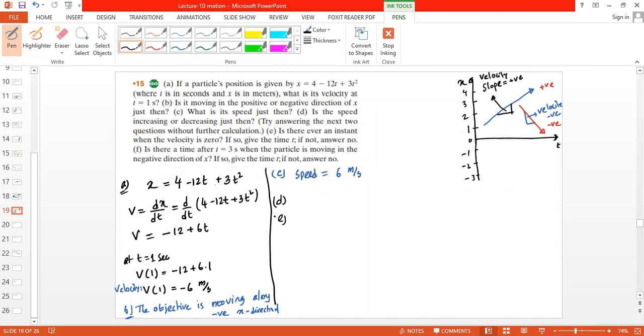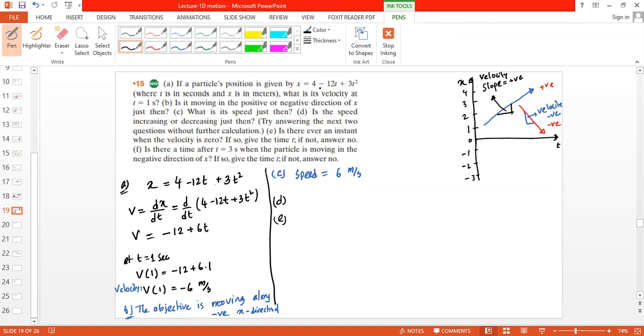Then E: is there ever an instant when the velocity is 0? What does this mean? That means, is there any time when the velocity was 0 or the velocity will be 0? If this is the position as a function of time, is there any instant when the velocity will be 0?